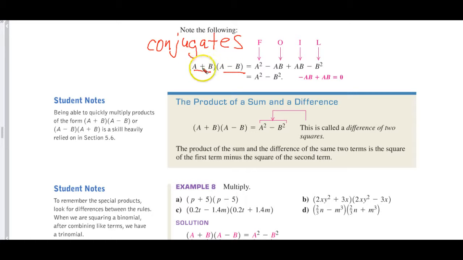That is, these two terms are the same, but the sign in the middle of one is plus, the sign in the middle of the other is negative. They're conjugates. When you multiply conjugates, notice what happens to the middle terms. You get a negative AB and a positive AB. They just cancel out. So you end up with a difference of perfect squares.